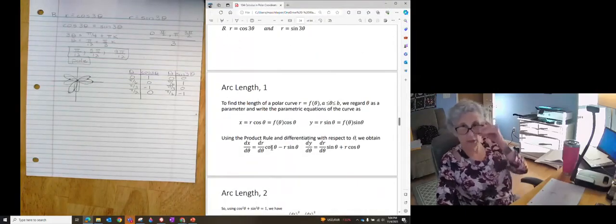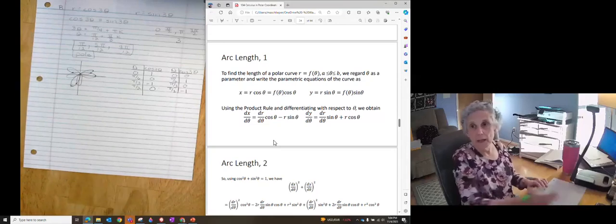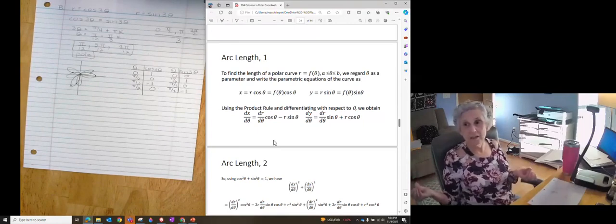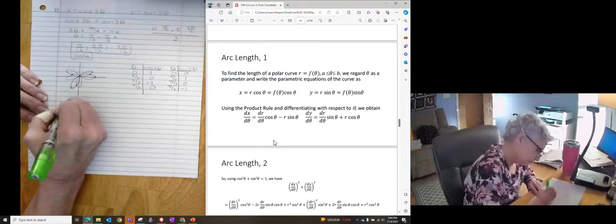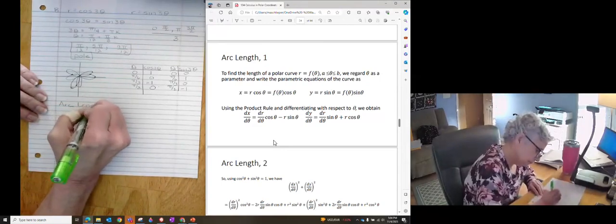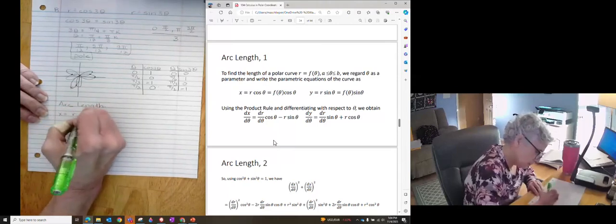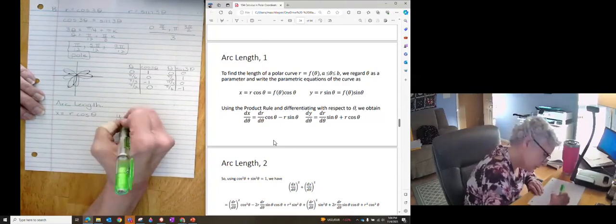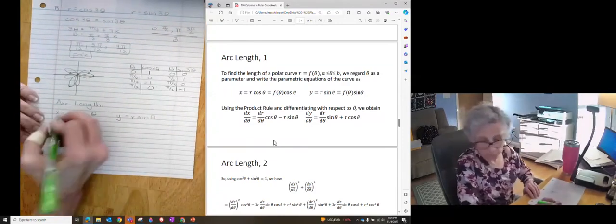Okay, arc length. To compute arc length, we think of our x as r cosine theta and y as r sine theta, and view it like a parametric set of equations. So let's do that. So x equals r cosine theta, just like when I was graphing those points a moment ago. y equals r sine theta.